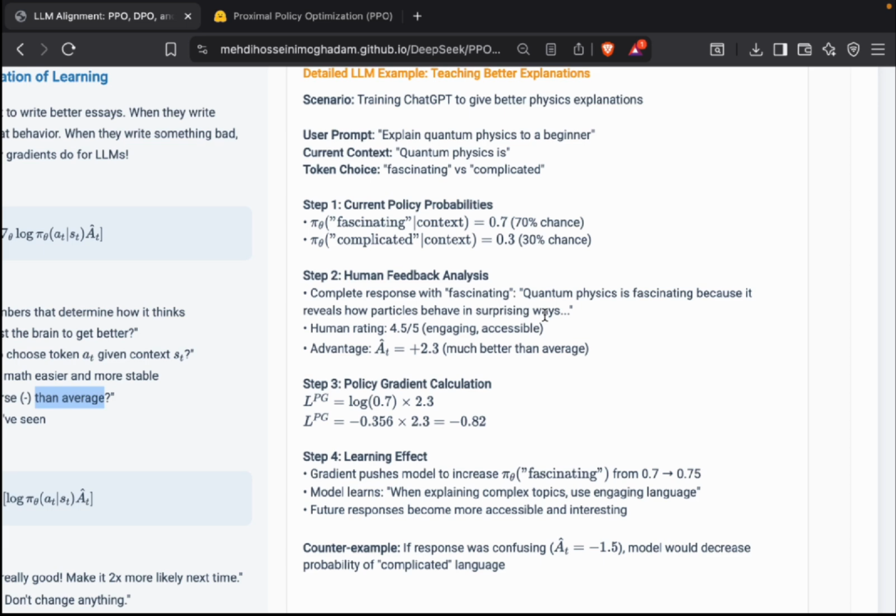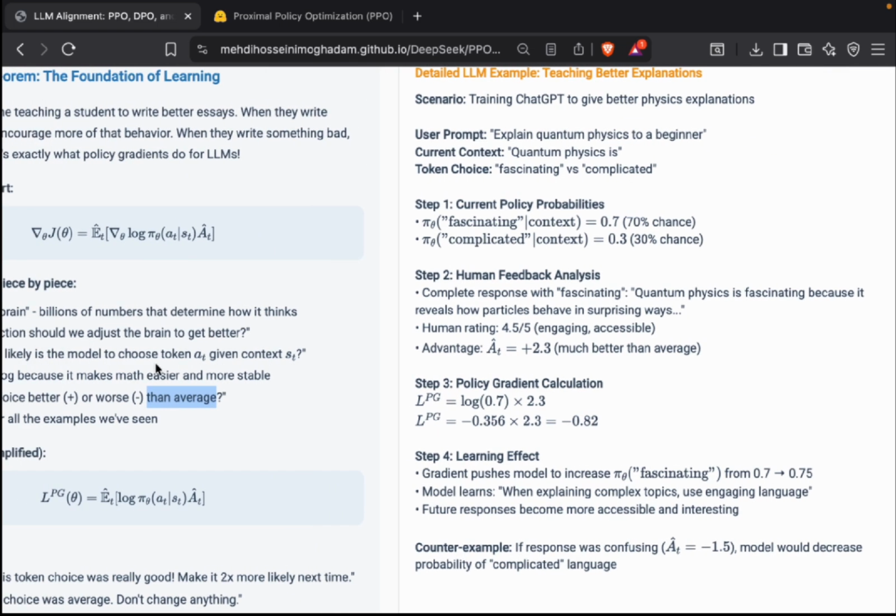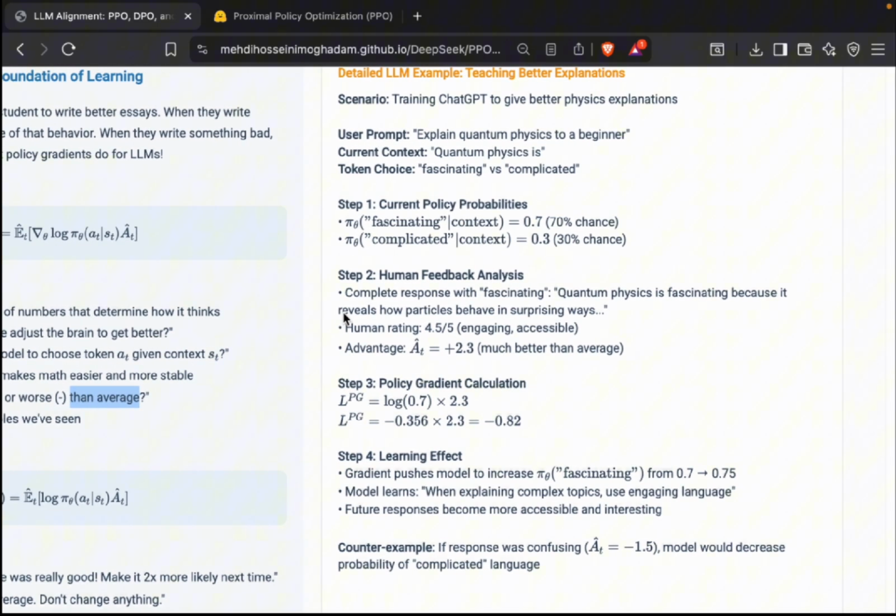At the same time, imagine we have a human feedback analysis which says, for fascinating, the human rating would be 4.5 out of 5, and the advantage would be around 2.3. These are made up numbers, not based on calculation. This is just for the sake of demonstrating what these could mean.